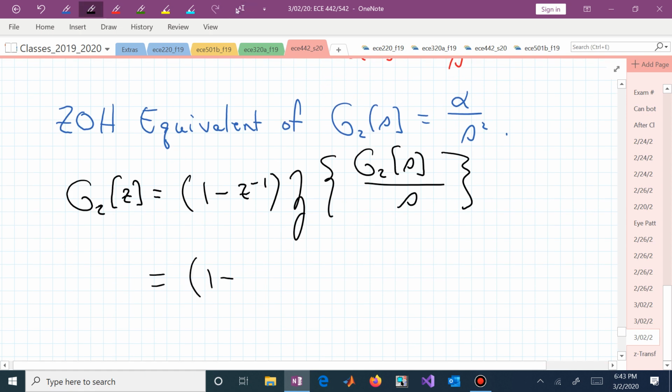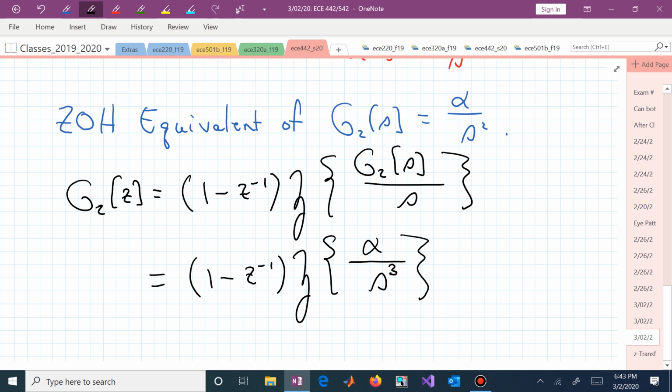Well, that's now 1 minus z to the minus 1, z transform of, plug in G sub 2 of s, alpha over s cubed. Now I simply need to find a 1 over s cubed in my Laplace transform table, and I'm done.